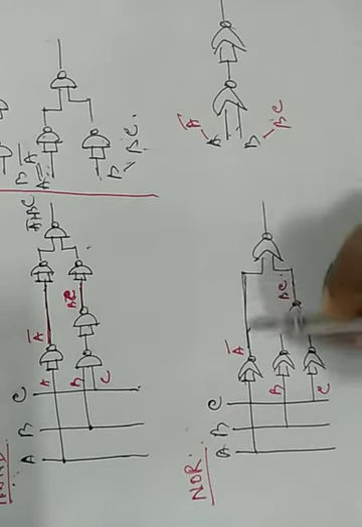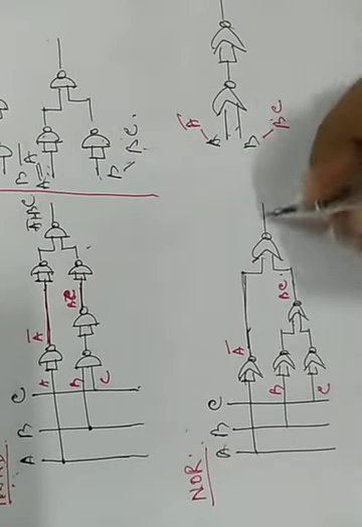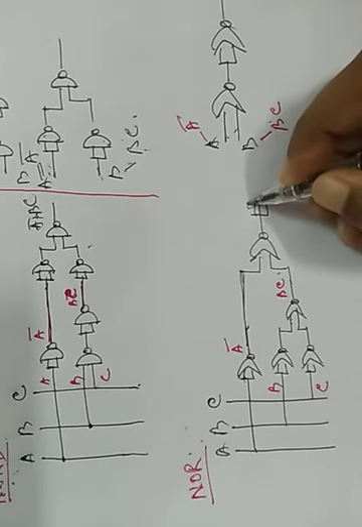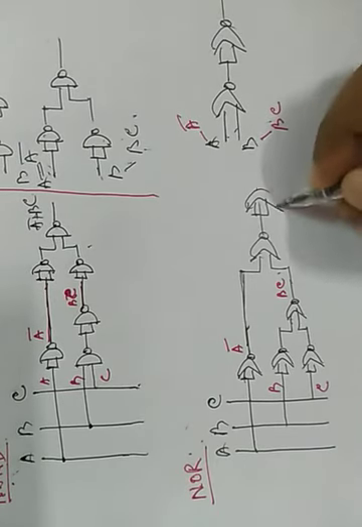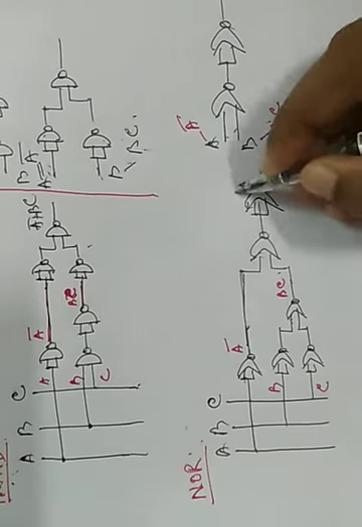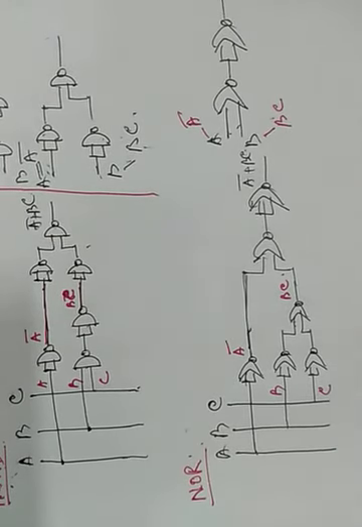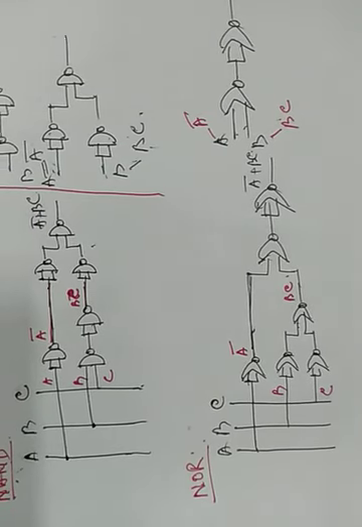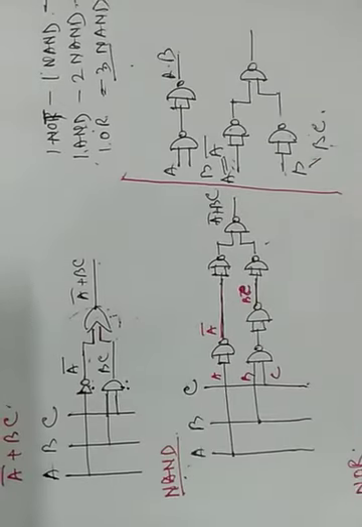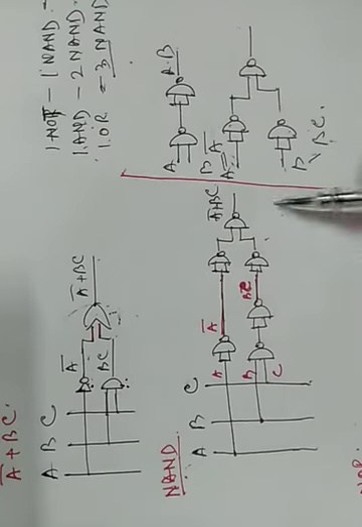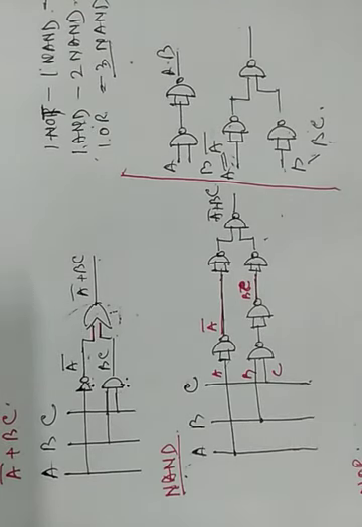Clear? So one NOR gate is placed, and its output goes again to another NOR gate. So it is A bar plus BC. Like this way any logic diagram can be drawn using either NAND gates or NOR gates.